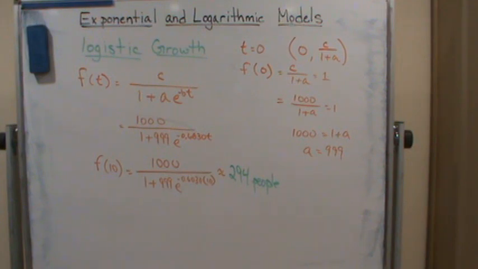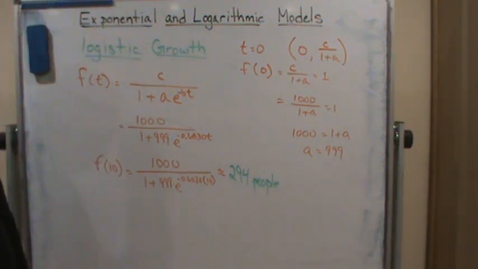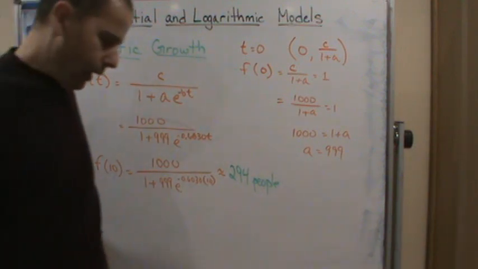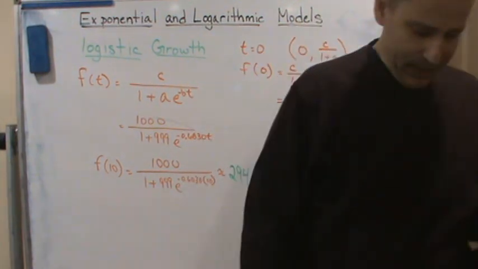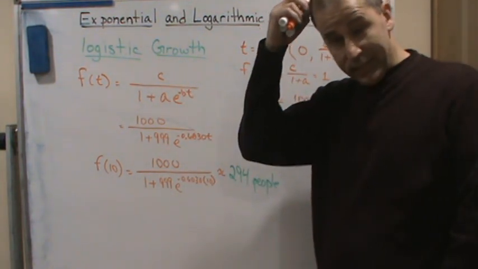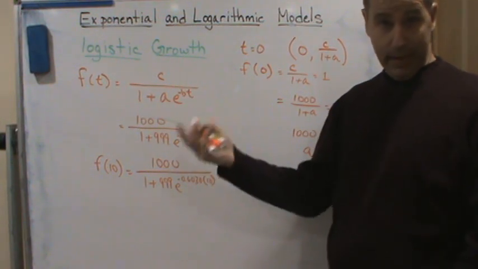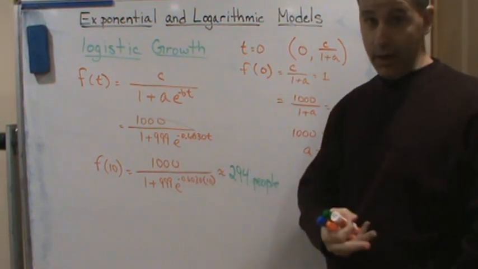Now in the long term, in the second part of the question it says, okay, how many people are going to have had the flu after a long period of time? Well, the only thing we can say is that after a long period of time, the maximum number of people that can get the flu based on this scenario in this community is 1,000 people.